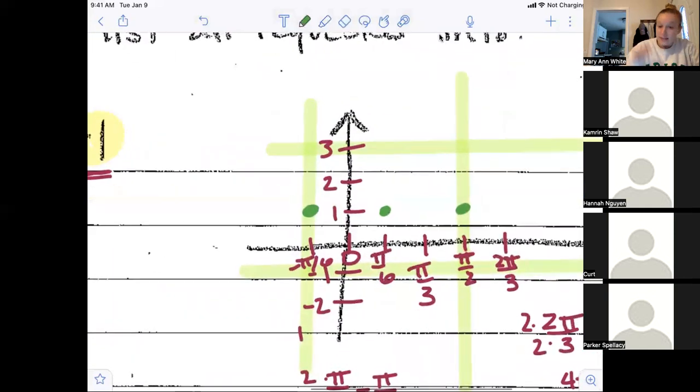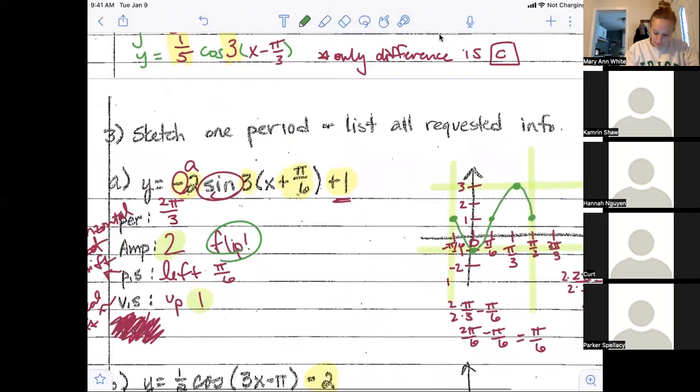So the second point, instead of going up, goes to the lowest point, and then the fourth point goes to the highest point. If you forgot what sine looks like, that's why we did it up above. It's on our first page. And I drew all of these boundaries, so I was able to keep my sine in the boundaries. I was able to keep it in my period of 2 pi over 3, and in my amplitude of 2, all of that fun stuff.